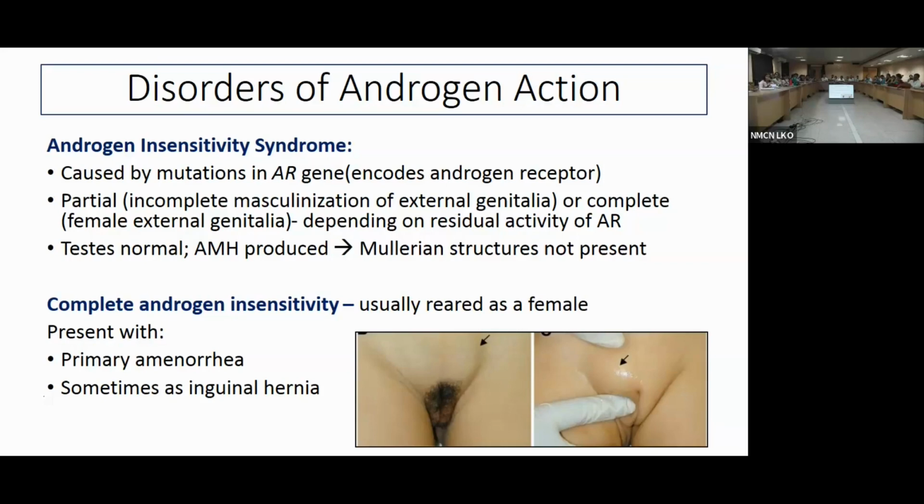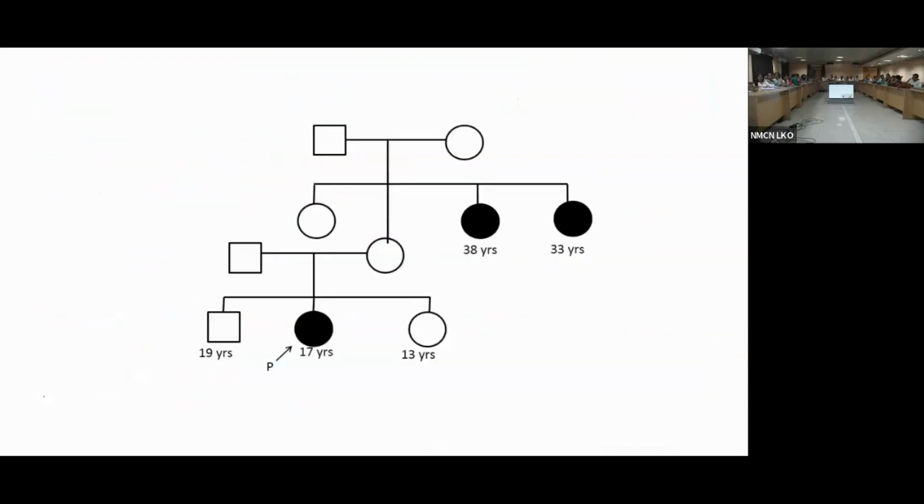So this is one presentation of individuals with DSD who are actually 46XY, who have testes, but who are reared as females because the external genitalia is completely female-like. They are brought to attention with an apparent or suspected inguinal hernia, which is actually nothing but the gonads in the inguinal region.